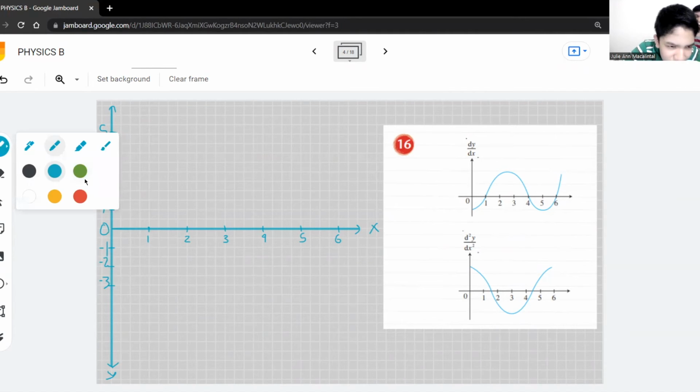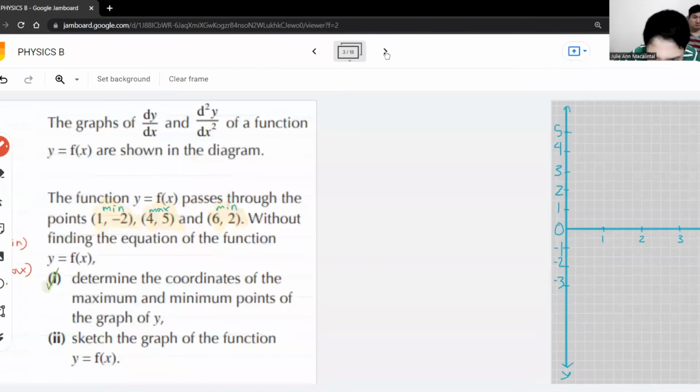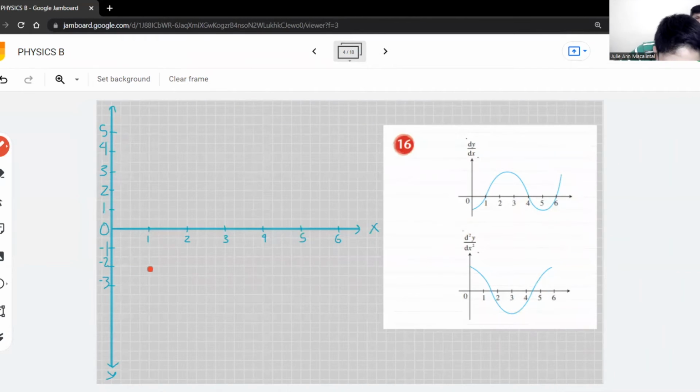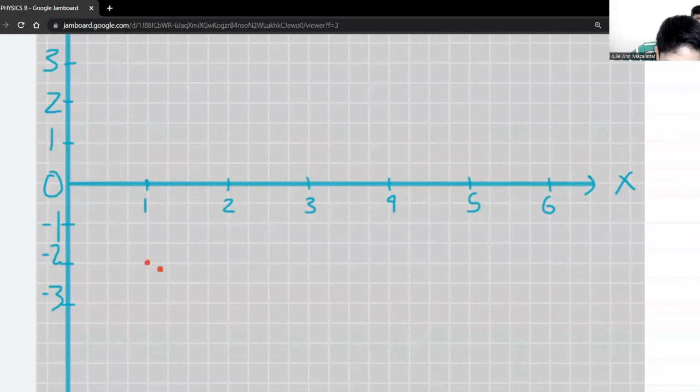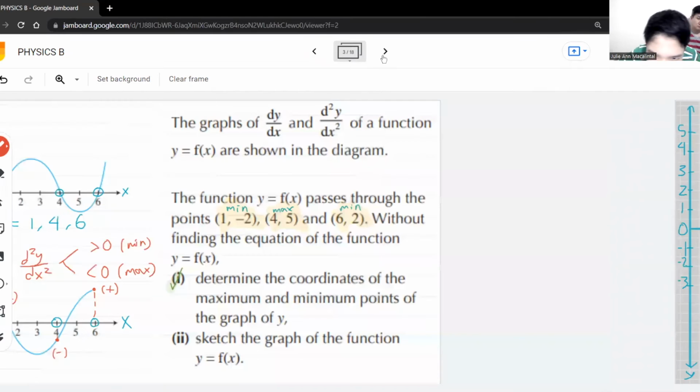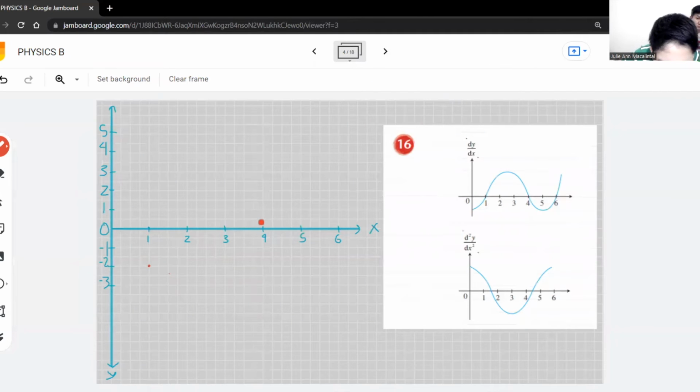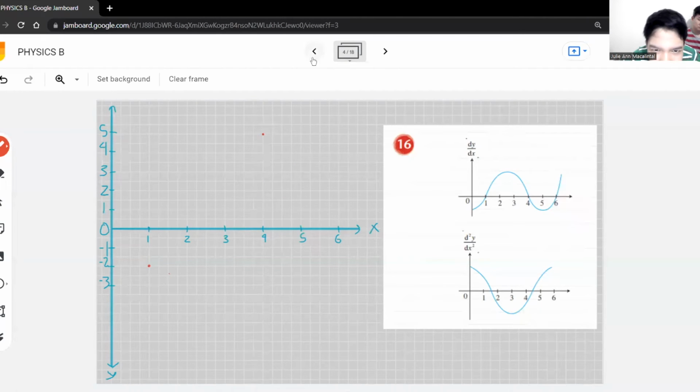Now I'll plot those points. It was (1, -2), then (4, 5), and the other one (6, 2).